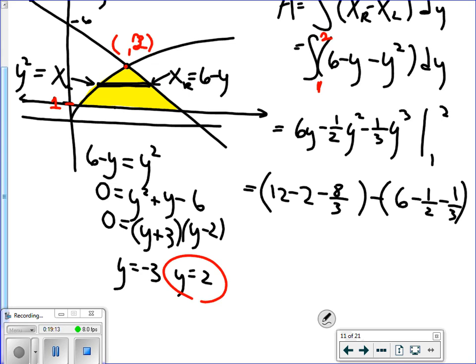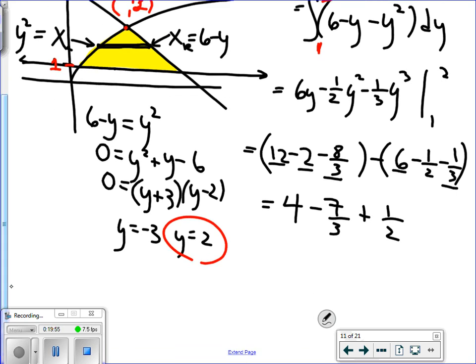Maybe we'll try combining like terms. And here we have 10 minus 6. So this is 10 minus 6, that's 4. Here I have negative 8/3 minus 1/3. Oh wait, sorry, that's plus 1/3. That's negative 7/3. And then I still have plus 1/2 because minus minus 1/2. And I gotta watch the minuses, right?